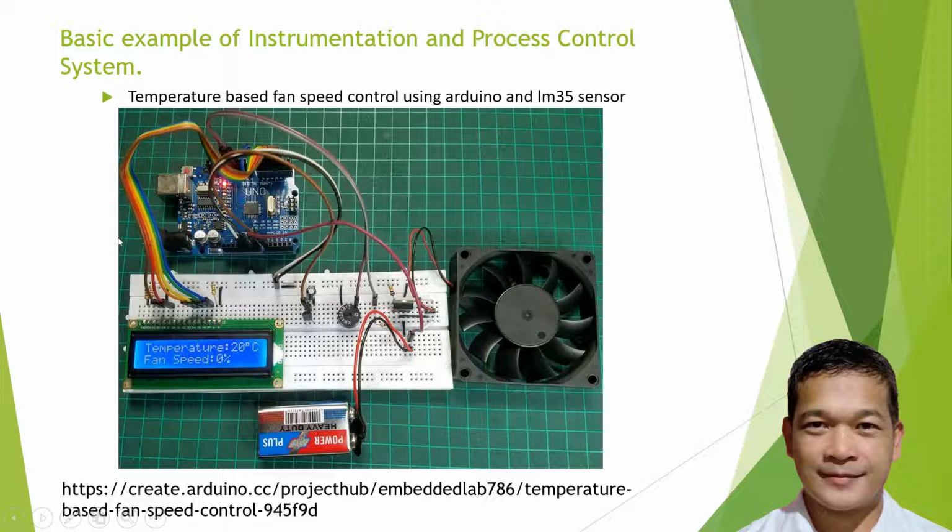We have, for example, 20 degrees Celsius and the fan speed is zero, because we have not yet met the set point. This picture is quoted from this website.